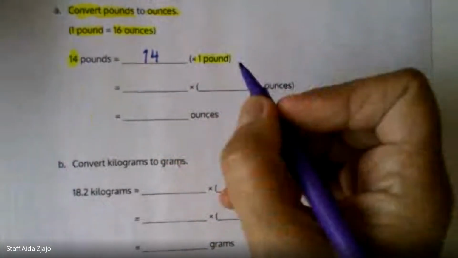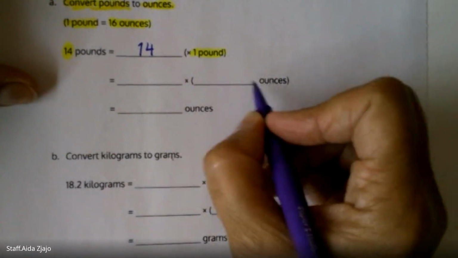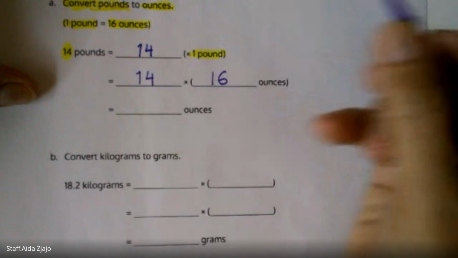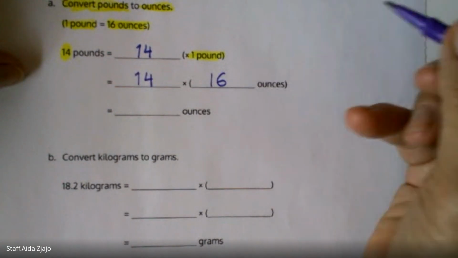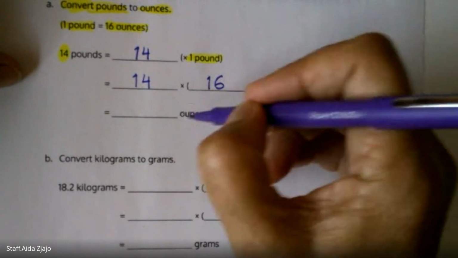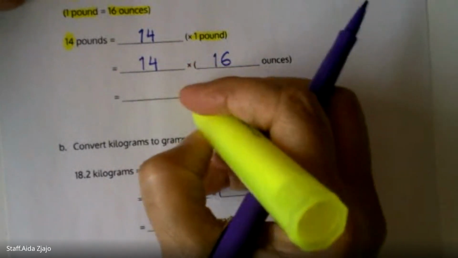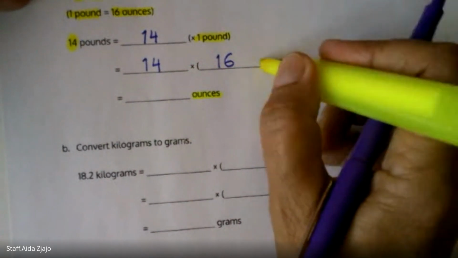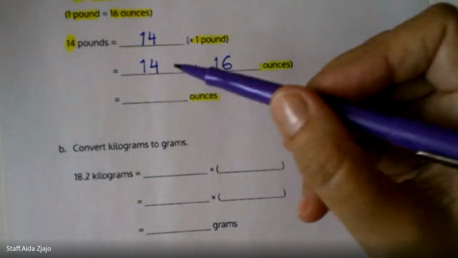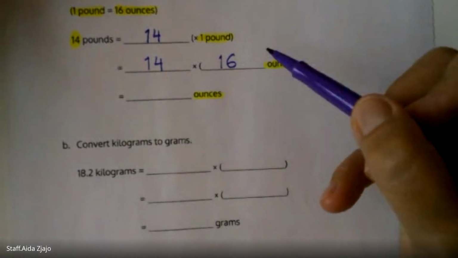So when we substitute 1 pound with 16 ounces, we have 14 of those groups. So what is 14 times 16? That will be how many ounces we have. 1 pound is 16 ounces, so if we have 14 pounds, we have 14 times 16.